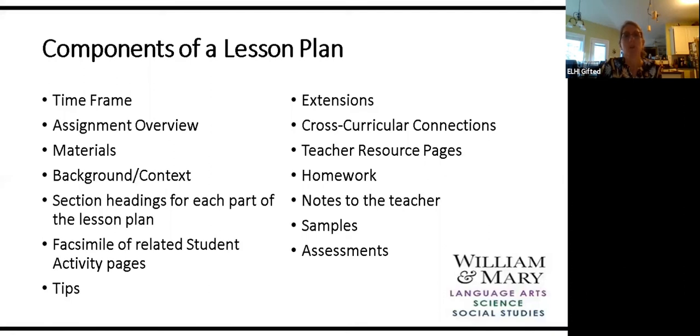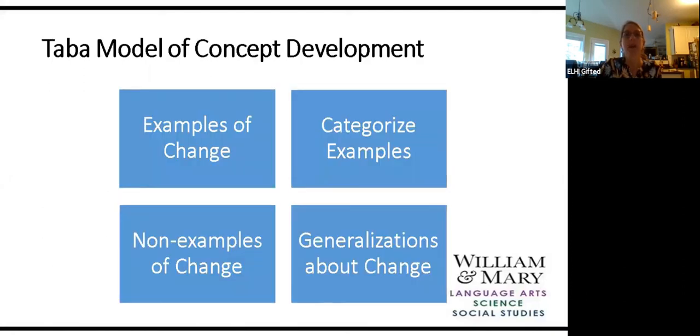All right. Well, let's get into the TABA model then. So you are welcome to follow along in your teacher guide for this model. But every unit develops a concept, and as we just heard, there are a few units that are using some different concepts like courage, time, or explorations. If you get into the social studies stuff, you'll see systems or patterns.